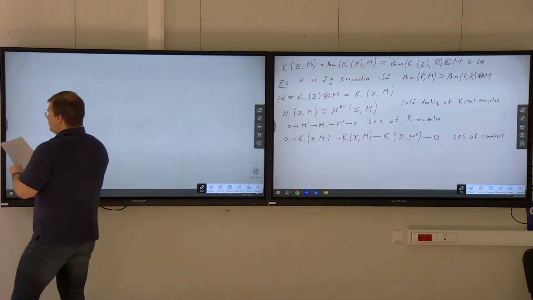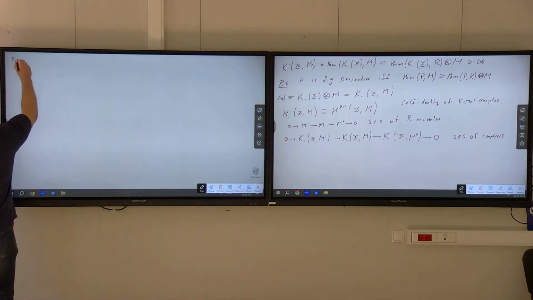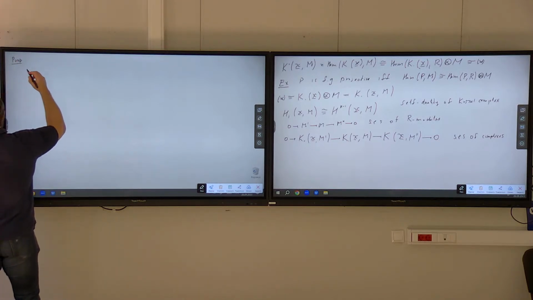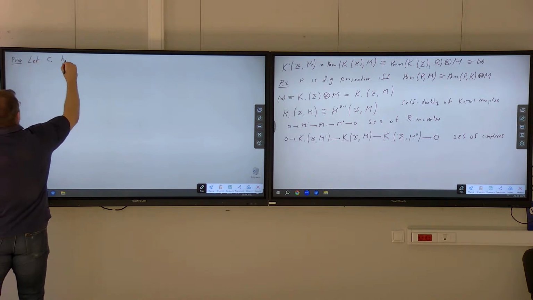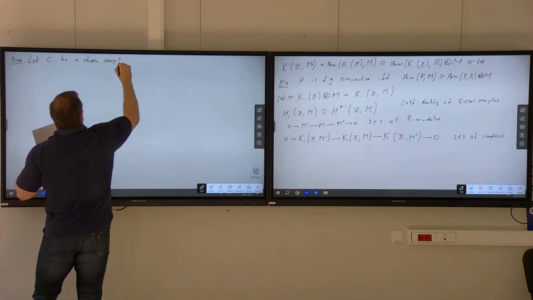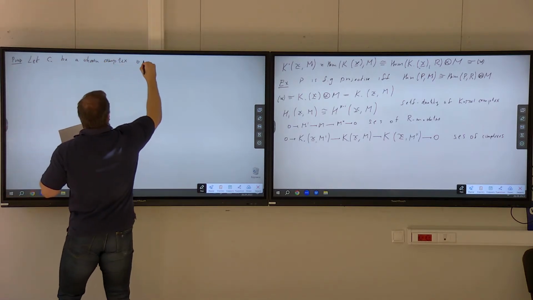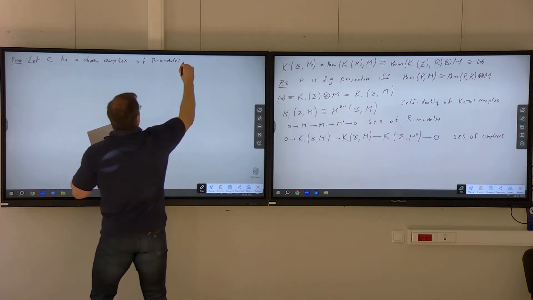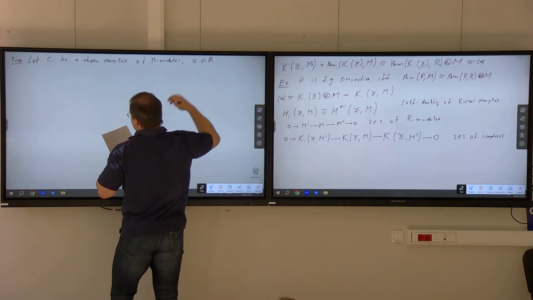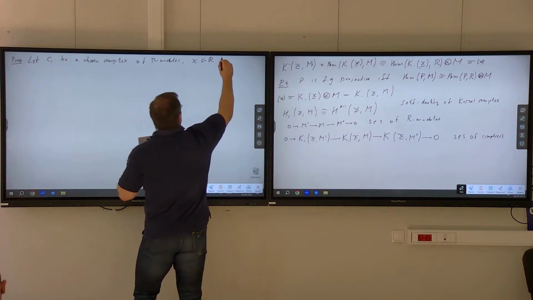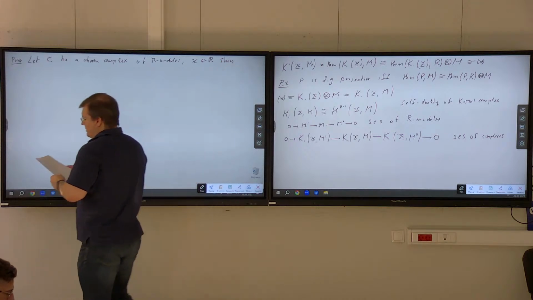Now let's do something less trivial that requires actually a proof. So let C be a chain complex of R-modules, and x an element in the ring R. Then we have the following three statements.